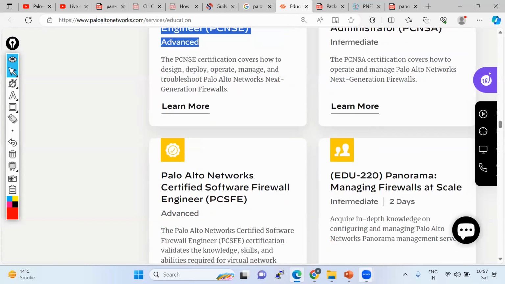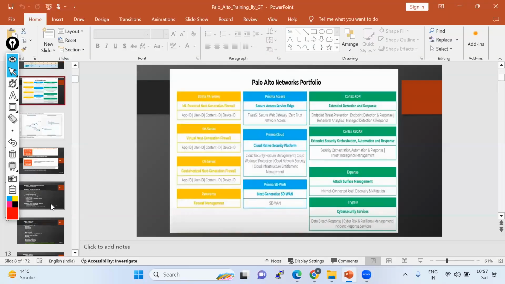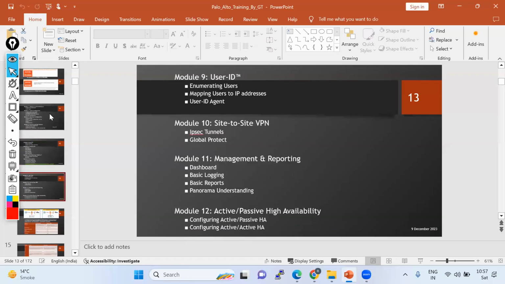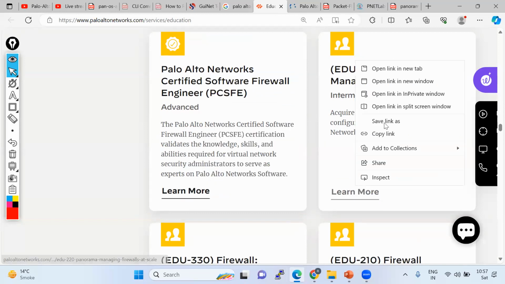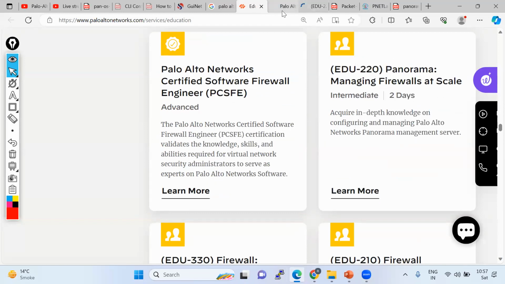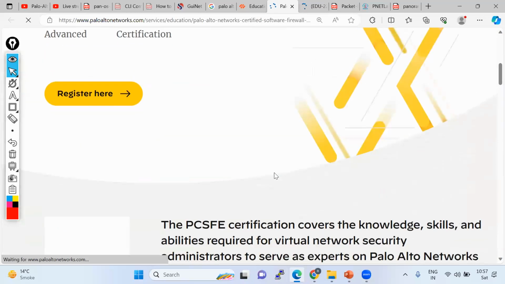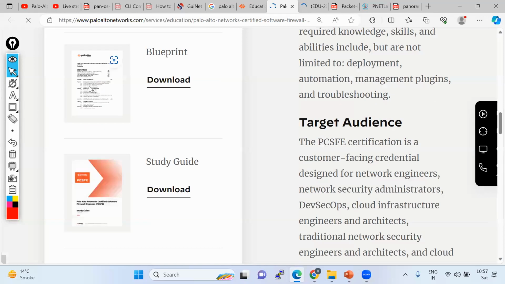So if I show you my course content, I'm just opening these three, total 12 modules I have, and if I open this, let me open in new tabs. You'll find the entire sessions that are going to be covered. You just have to download this blueprint. Once you download this blueprint, you'll find the entire course content.